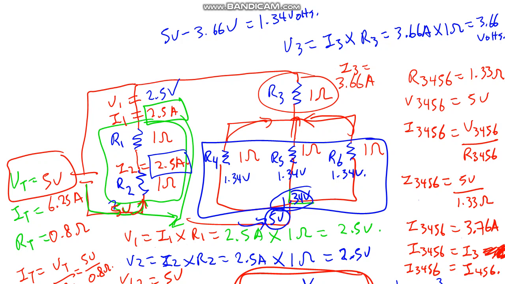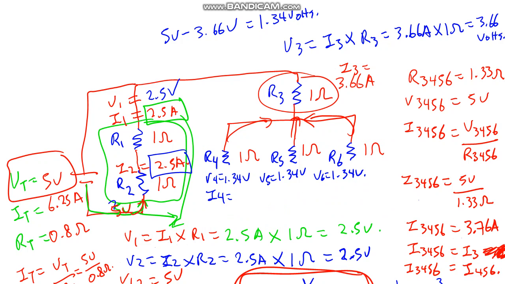So now you can figure out I4. That's V4. This is V5. This is V6. So I4 is equal to V4 over R4.